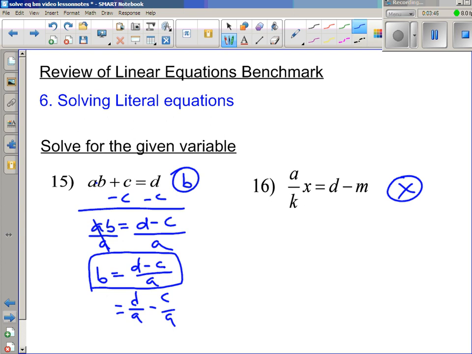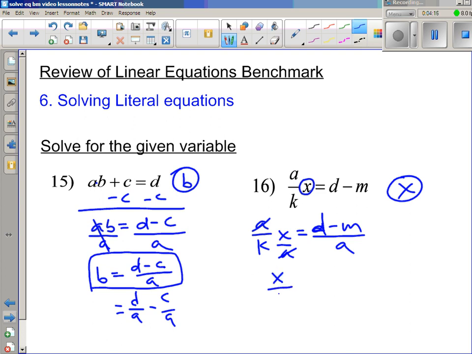Okay, the x has two things being done to it, times a and a divide by k. So one of the ways we deal with that is we undo one of them first. Doesn't really matter which one. Let's try undoing the multiplication of a with dividing by a. And I've gotten used to writing it over here. If you divide anything separated by plus or minuses, you have to draw a long fraction bar.